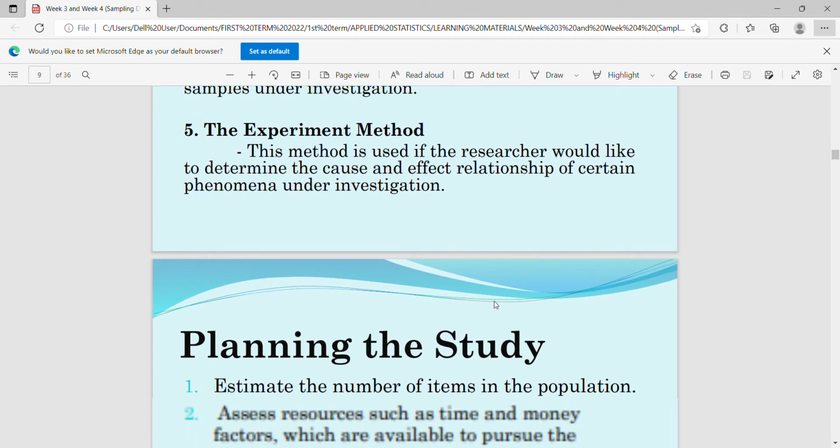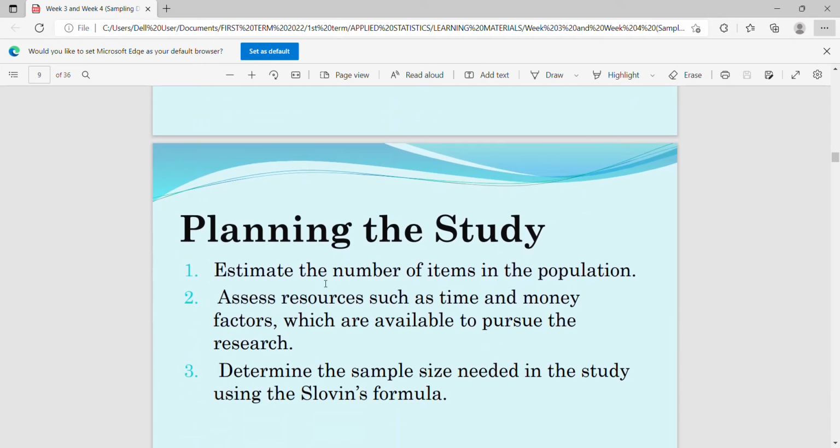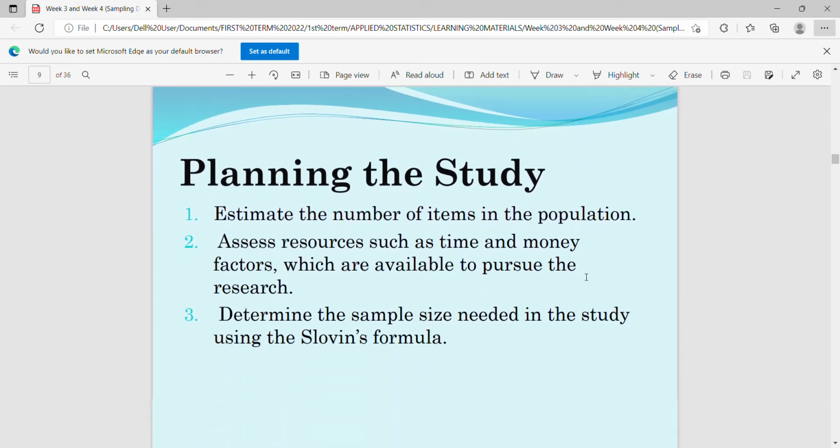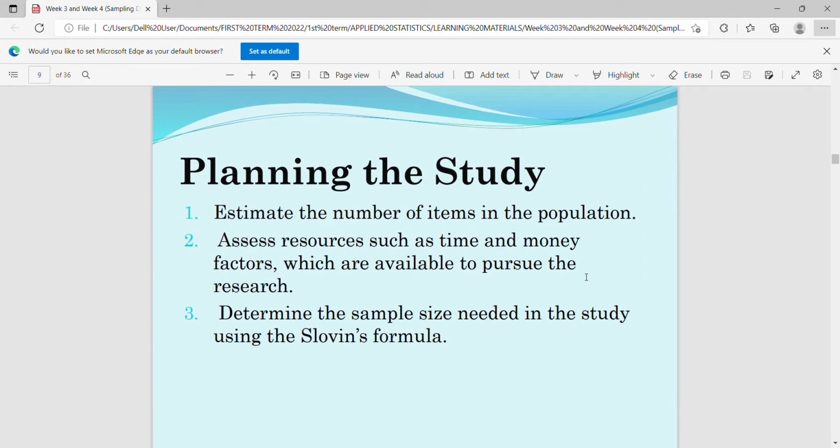We have here planning the study. Last time, we were discussing about the process in statistics. But in here, since we are talking about the collection of the data, we have to learn how to plan or what are the processes in conducting the study.